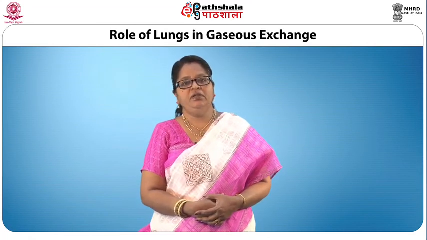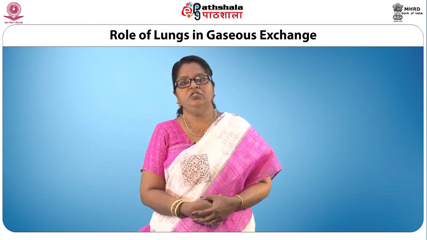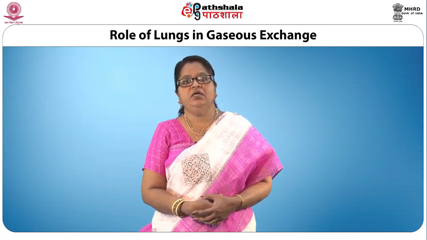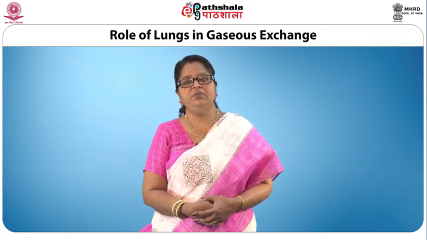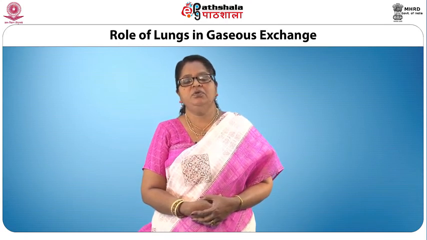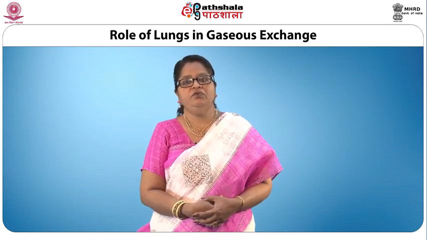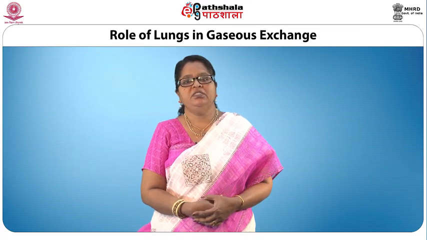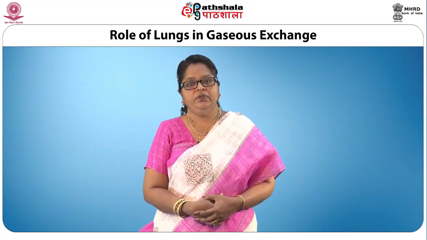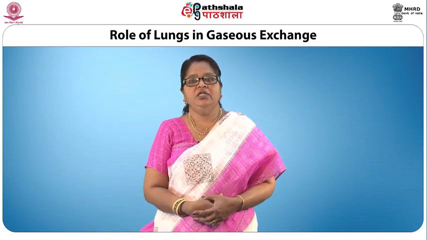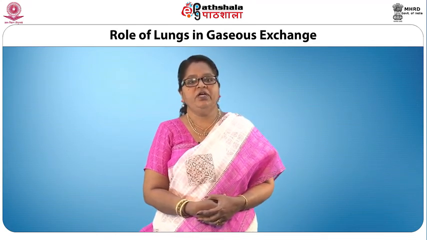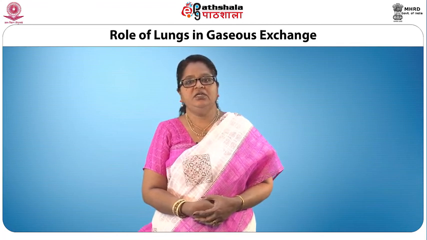At the tissue level, there is diffusion of oxygen from blood into tissues. The partial pressure of oxygen in arterial blood is 95 millimeters of mercury. This is because of the admixture of venous blood by 2% shunt flow. Now, do you understand the term shunt flow? Shunt flow is the small fraction of blood which reaches the heart without being oxygenated.